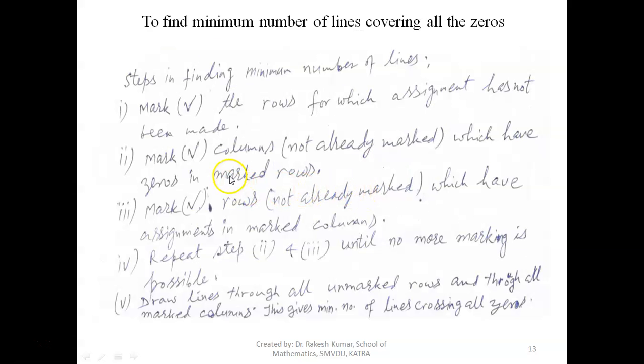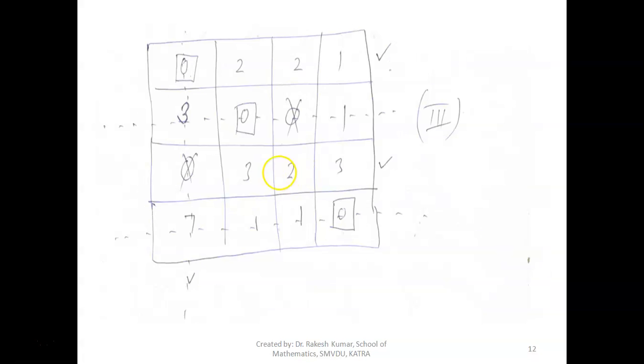Then the second step is to mark columns not already marked which have zeros in marked rows. So this is a marked row, and in this row the zero is here.